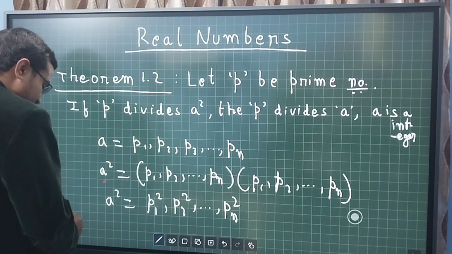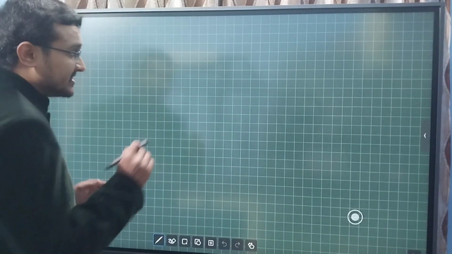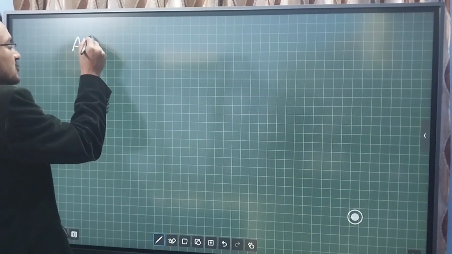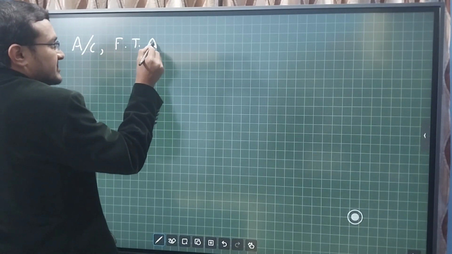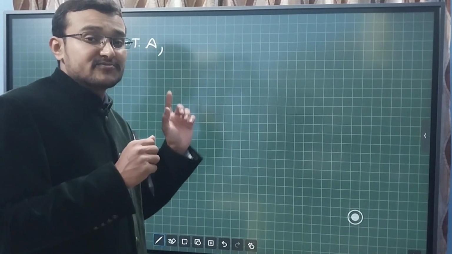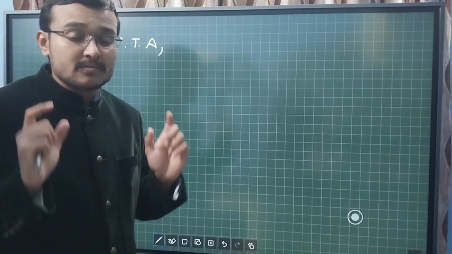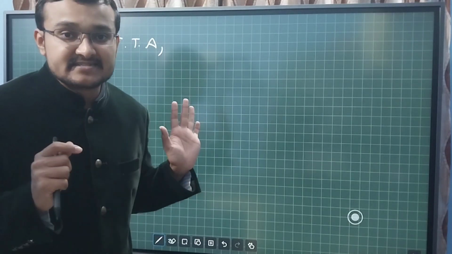Now based on this, according to the fundamental theorem of arithmetic, which I'll write as FTA, all composite numbers have a unique factorization.